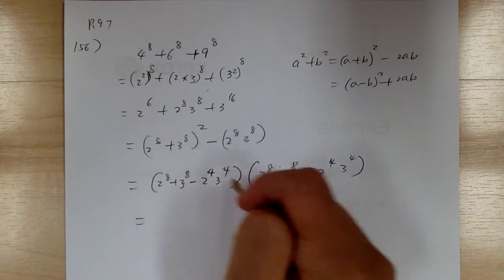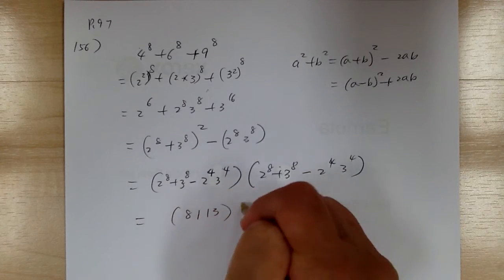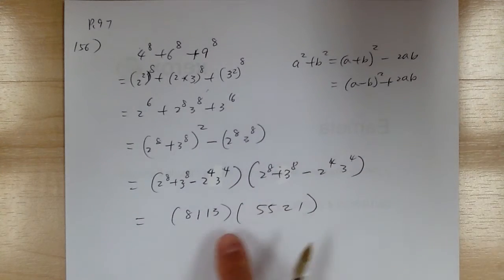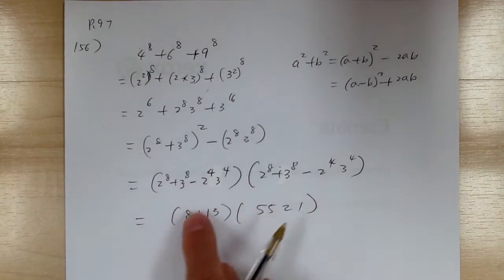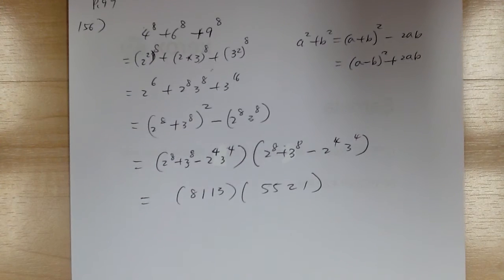So again, this is like a and b, right? So this is like your b squared. Okay, so now you can go and work this part out. You're going to get 113, and this one you work it out, you get 5521. So in other words, this is a product of these two. So basically, it's just basic factoring, a little bit challenging.